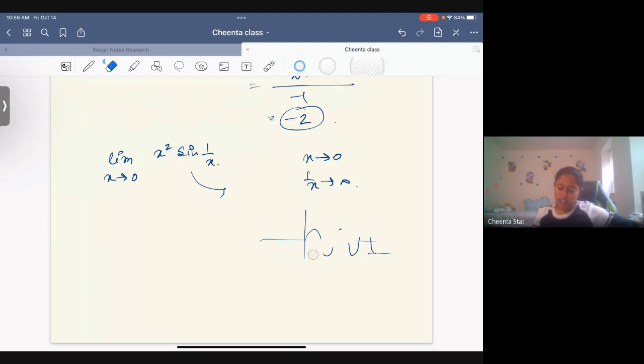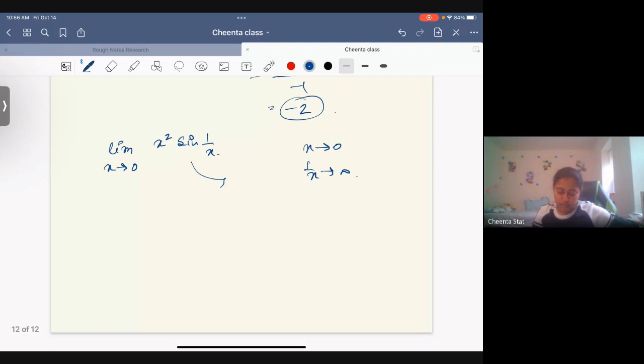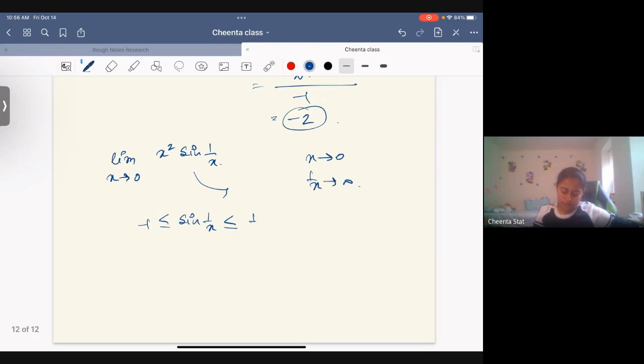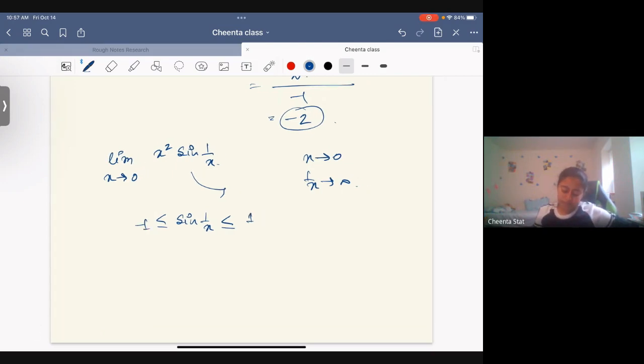Then how do you want to find the limit? So first, what we know, we will write it down. We know that sine 1 by x lies between +1 and -1. And then we actually want to find x square times it.